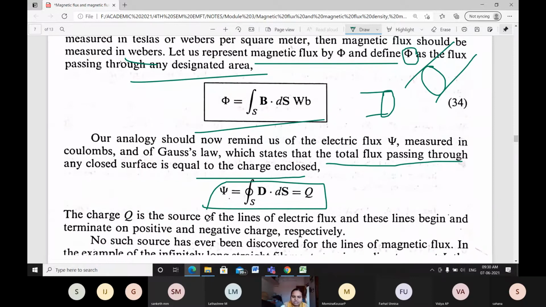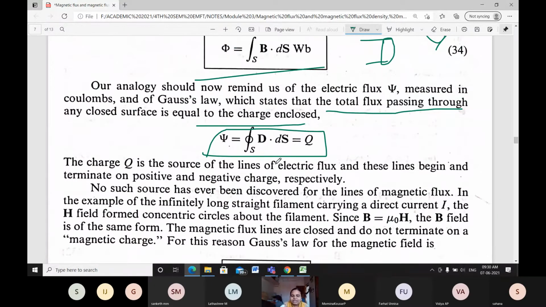Then the charge Q is the source of the lines of the electric flux. Of course, how much flux there is for this area depends on how many charges are included on that surface, right? That is the electric flux, and these lines begin and terminate on positive and negative charges. It depends.